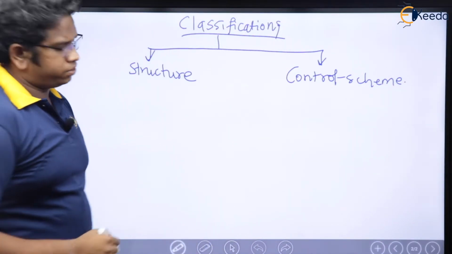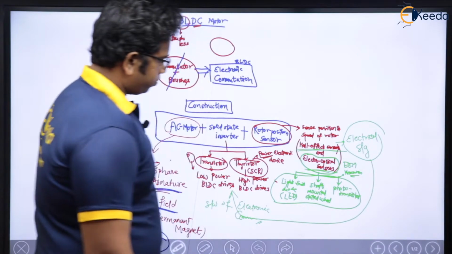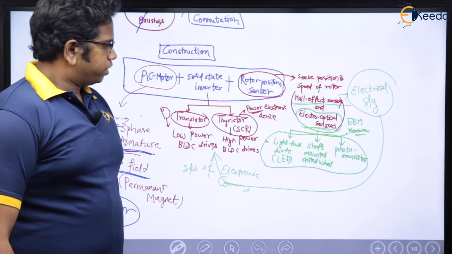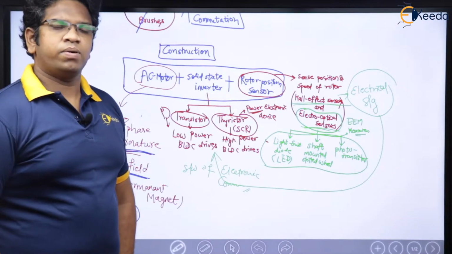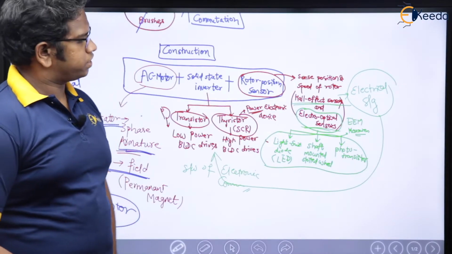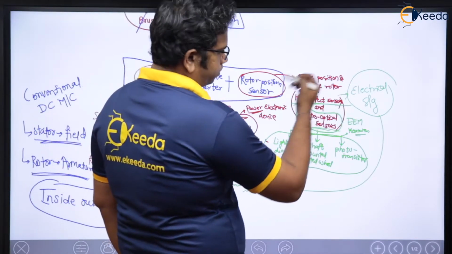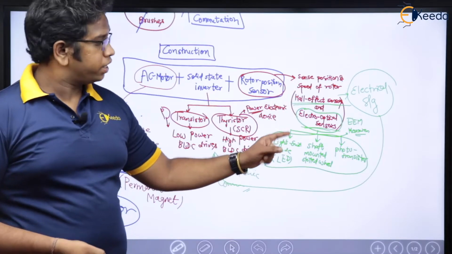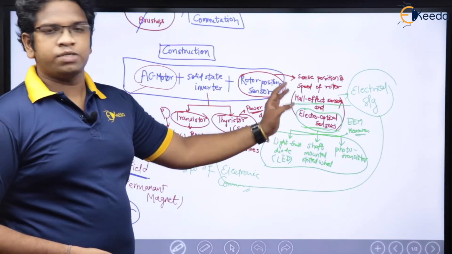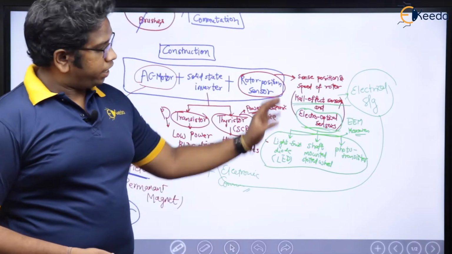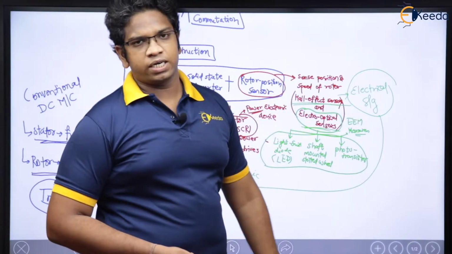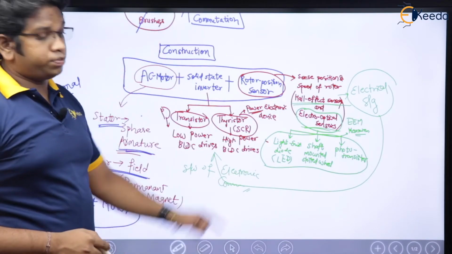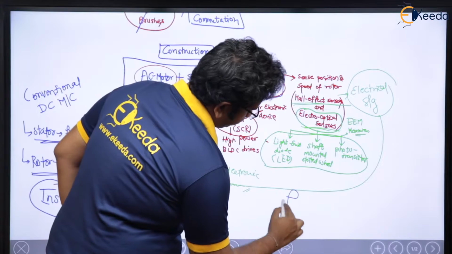What do we mean by scheme of control? If you think of these sensors, they are basically nothing but transducers only, right? They will sense the speed of rotation and then convert it into an electrical signal. That particular electrical signal will be taken back, which means this is going to form a feedback loop.